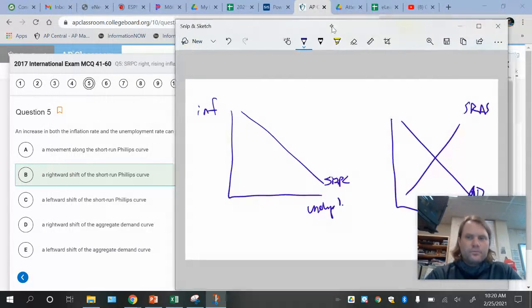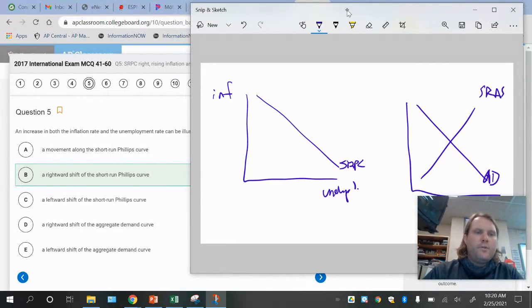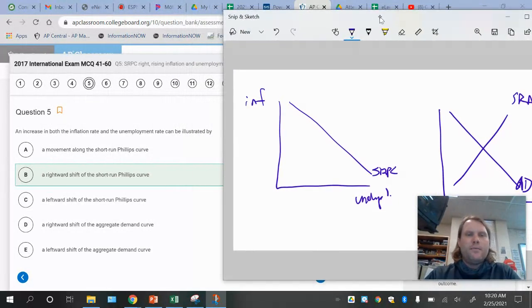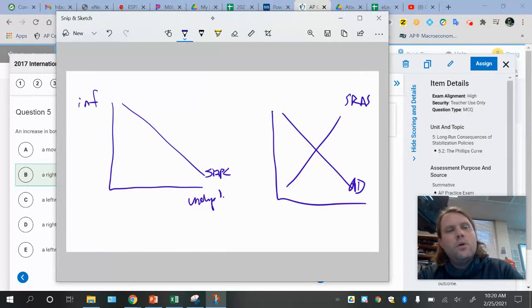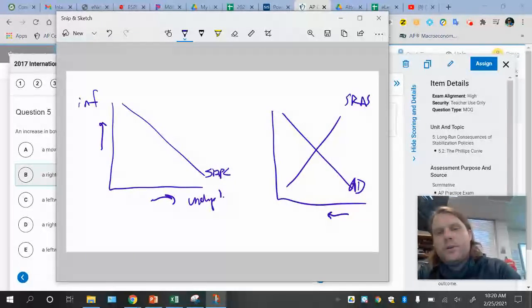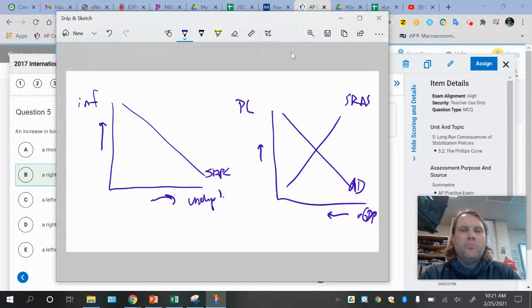So we've got an increase in both the inflation rate and unemployment rate. Can be illustrated by what? Okay, so we need an increase in inflation and an increase in unemployment. All right, which means over here we would need to have this happen and this happen. Remember, we can use employment as this bottom axis here, but we always label it GDP. This is our price level. So we've got to have an increase in both.